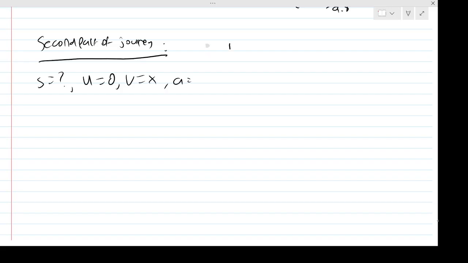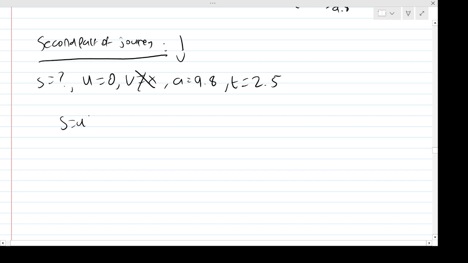Now, because we're considering it going down, acceleration is now positive because it's gravity, right? It's going down. So positive 9.8, and t, as we discussed, has to be 2.5 seconds. So now the formula that excludes v is going to be s is ut plus a half at squared.